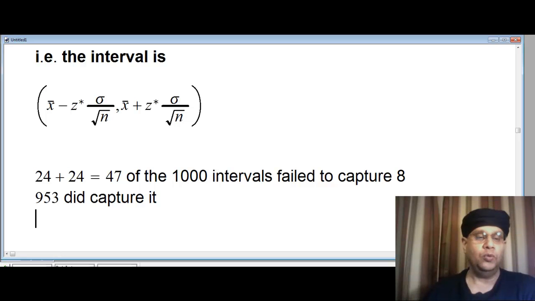That is, we are constructing it using a procedure that is successful for about how many? 95% of the times.